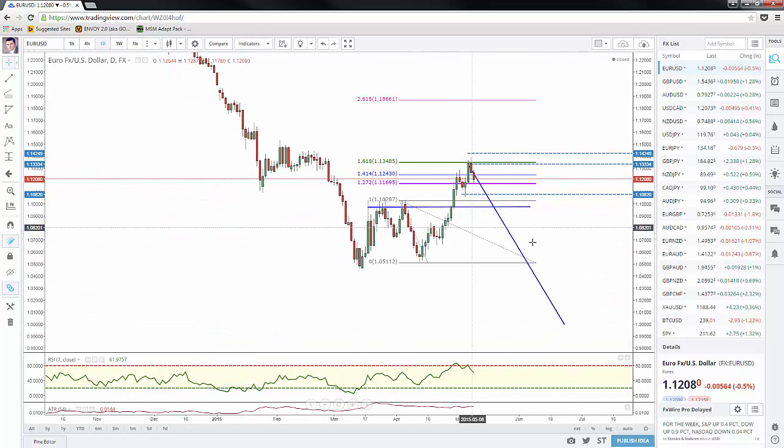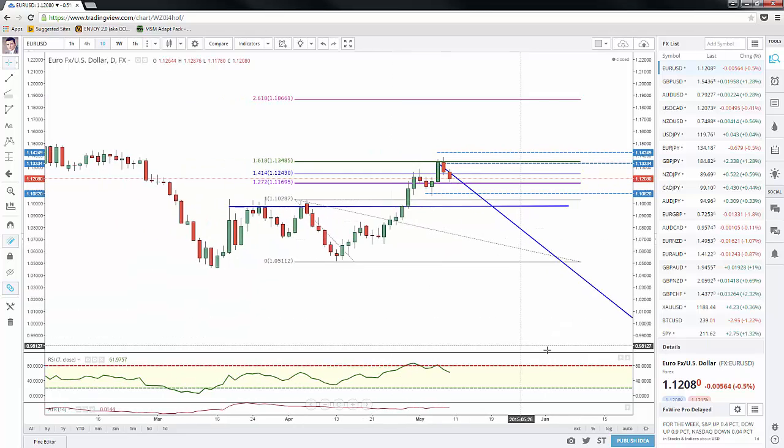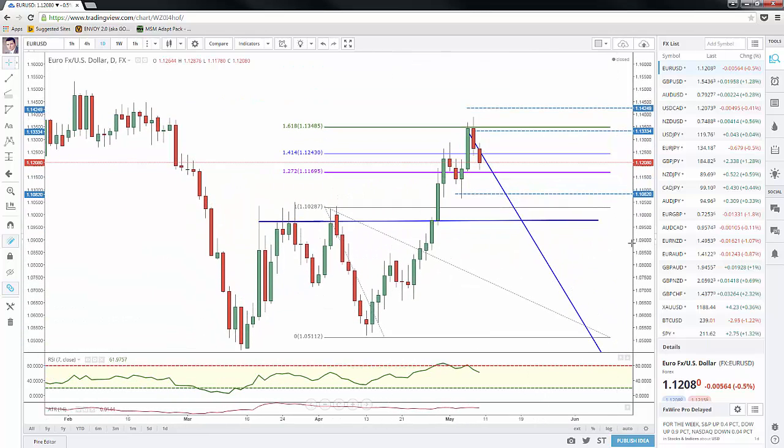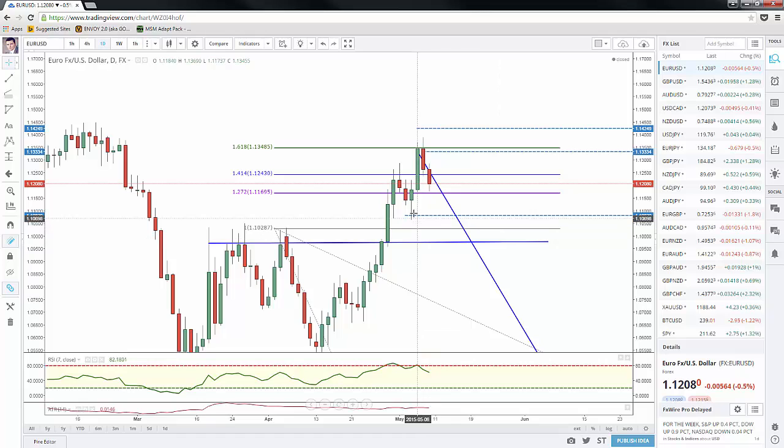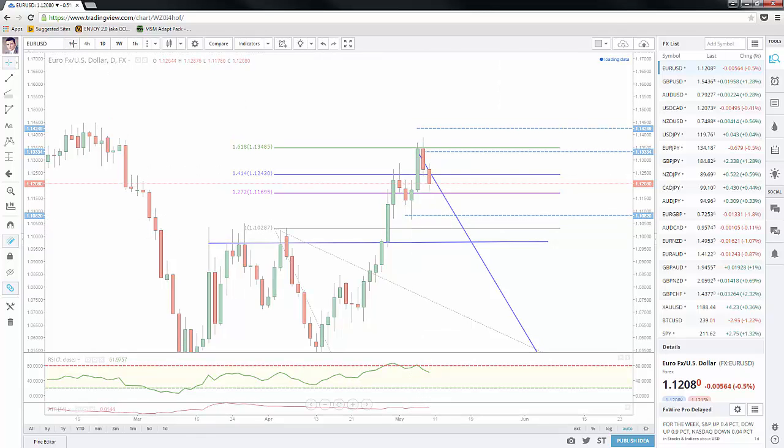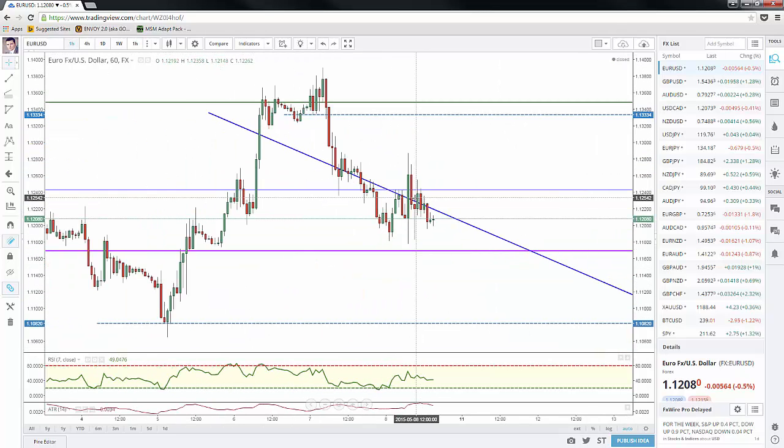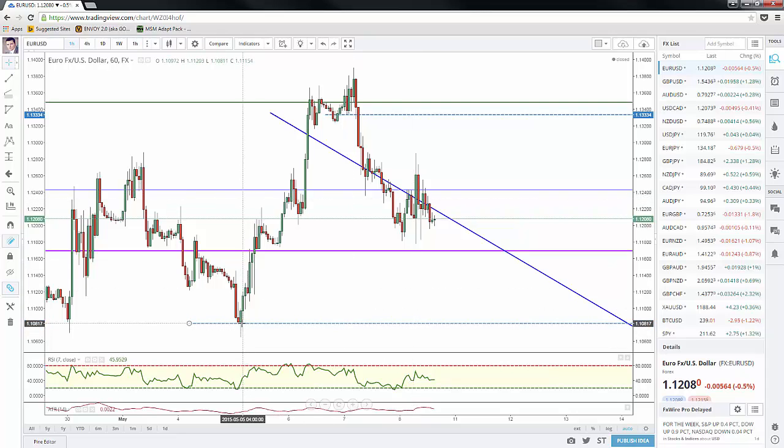What I do want to see, if I can stretch this back out again for you, is a retracement back down into the structure level. So if I go back on the hourly chart here, you can see that structure low comes in at around 110.81. And I'm going to see if I can get the market to come down into 110.81 so that I can take some profits off.